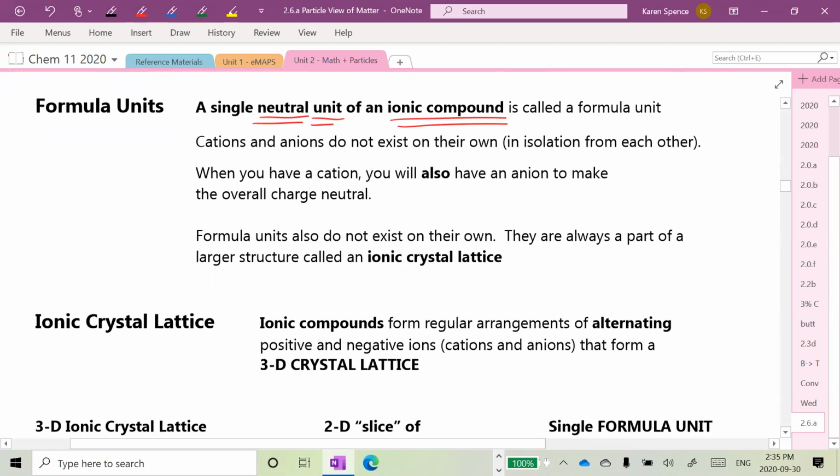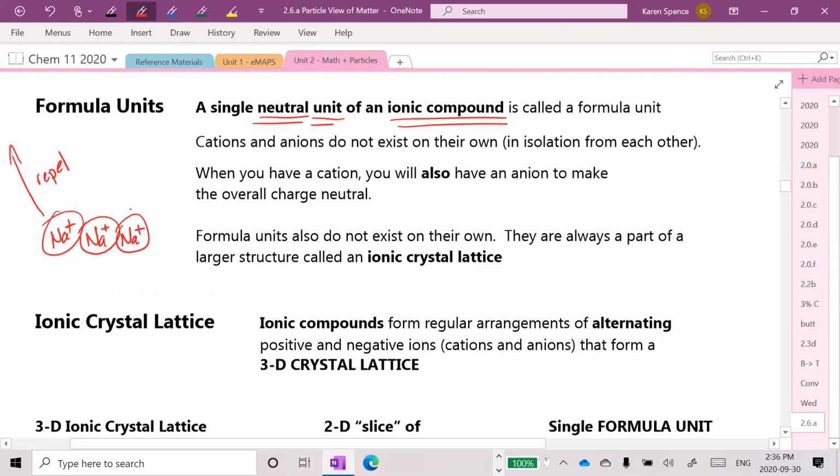In nature, you cannot have cations and anions on their own. You won't walk around and find a big pile of sodium ions. What would be wrong with this picture? What would nature do if you piled a whole bunch of sodium atoms close to each other? What does a positive charge do to a positive charge? They do not attract, they repel. So these would all repel, right?